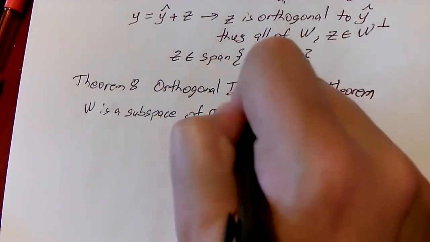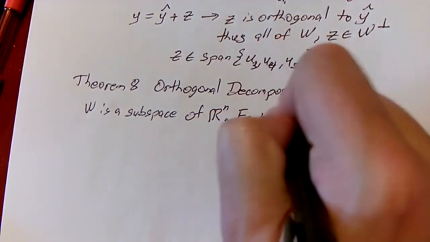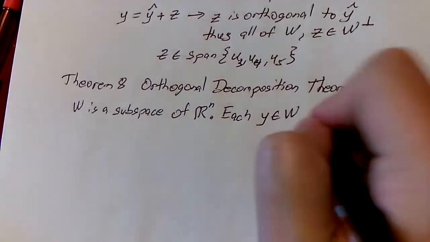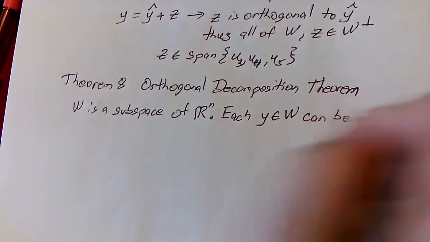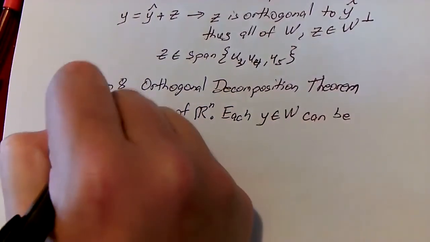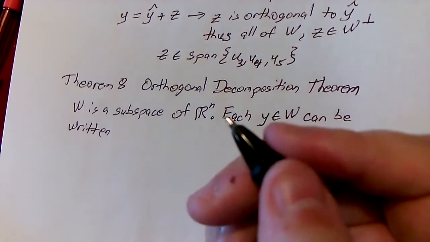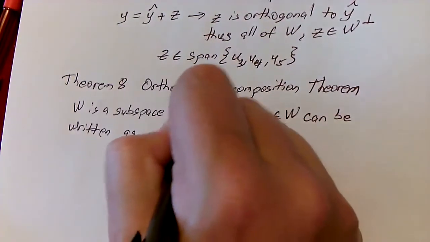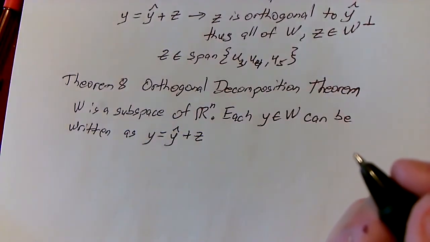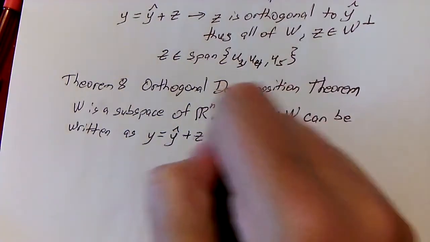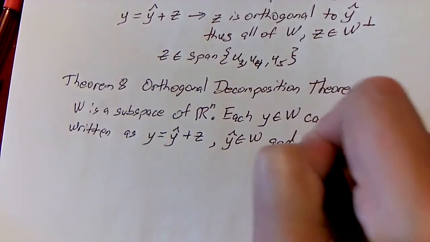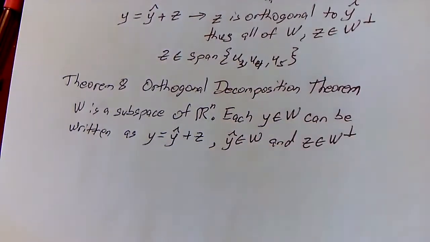Then each Y that's in Rn can be written as Y is equal to Y hat plus Z, with Y hat in W and Z in W perp.